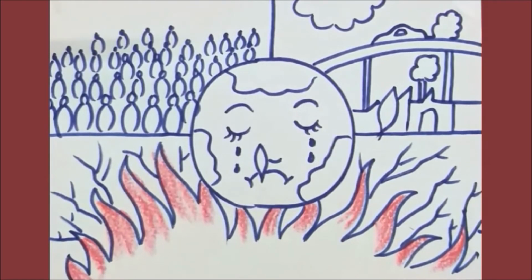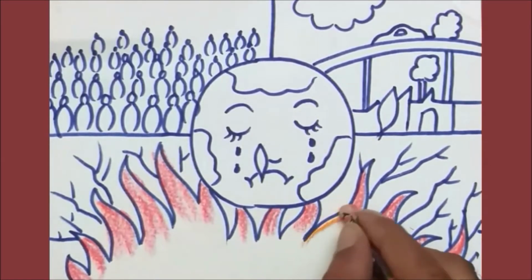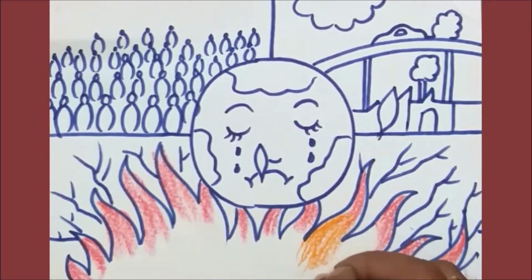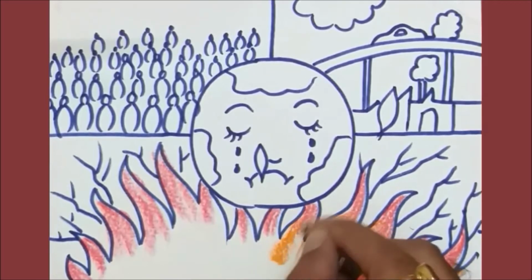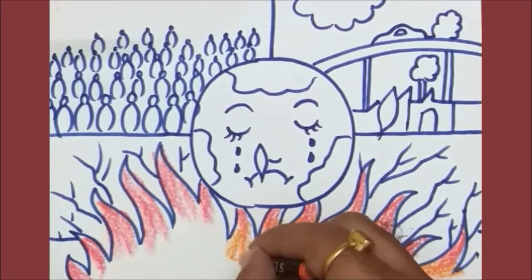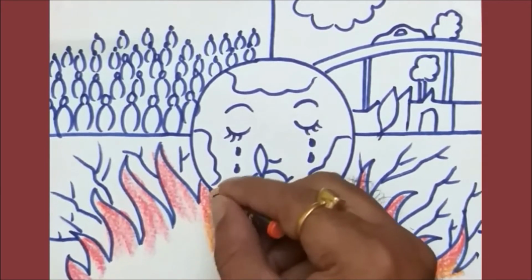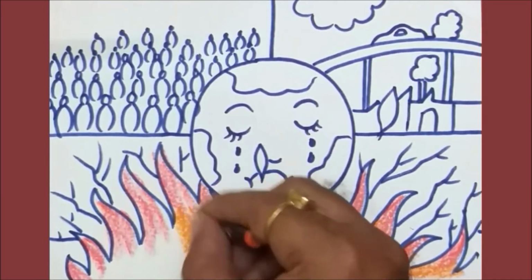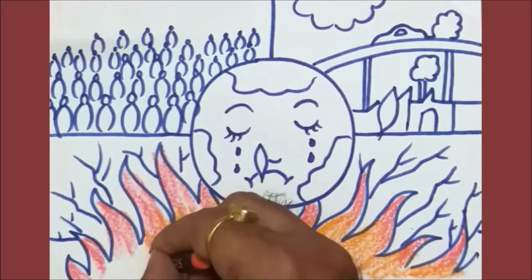Now I am going to take orange. And lastly I will be taking yellow. If you have a deep yellow, you can use a deep yellow color, chrome yellow, it will give more of a burning effect.